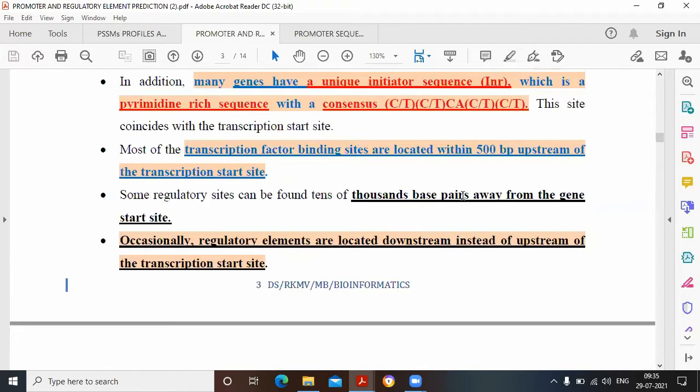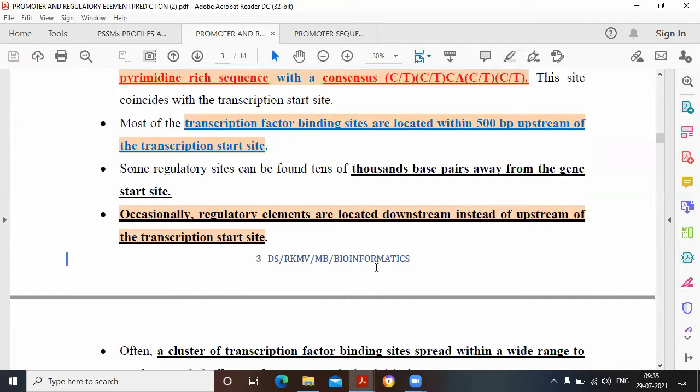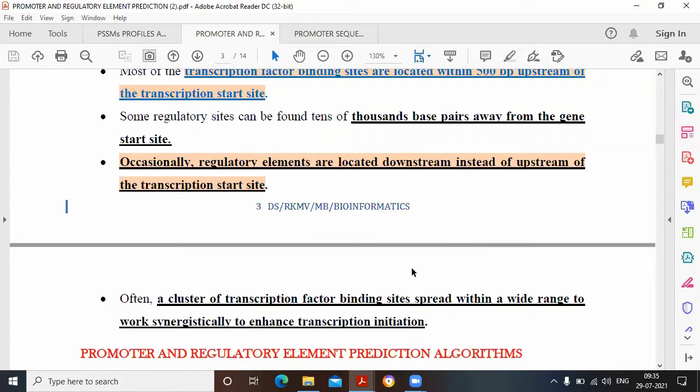So 1000 base pairs away from the starting site, if we consider 500 base pairs, of course it will be 1000 to 2000 base pairs away, but within that region, for the housekeeping gene and all other kinds of genes, we can find the promoter regulatory sequences. And occasionally regulatory elements are also found with respect to the RNA polymerase 1 and RNA polymerase 3 promoters; the transcriptional regulatory sequences are present downstream of the gene.